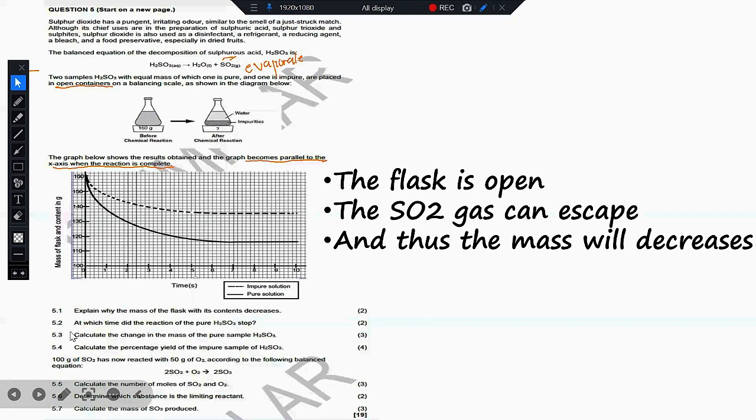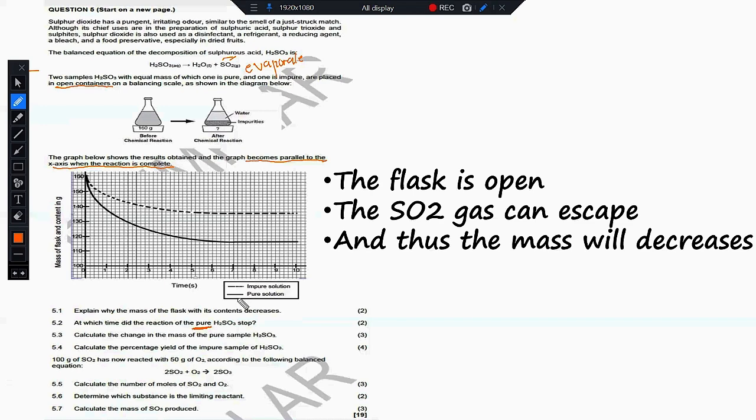And then 5.2 says, at which time did the reaction of the pure H2SO3 stop? Now remember, they said the graphs become parallel to the x-axis when the reaction is complete. So that means we have to check where the graphs start to become parallel. But here we are talking about the pure sample.